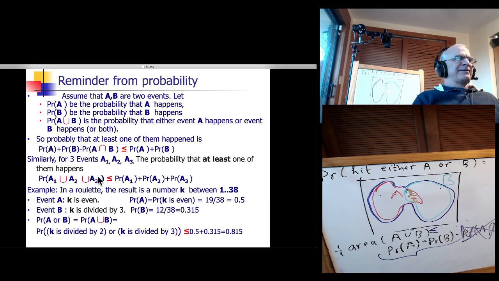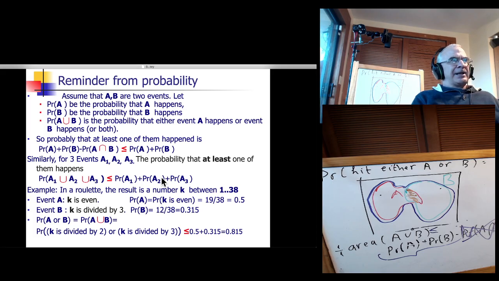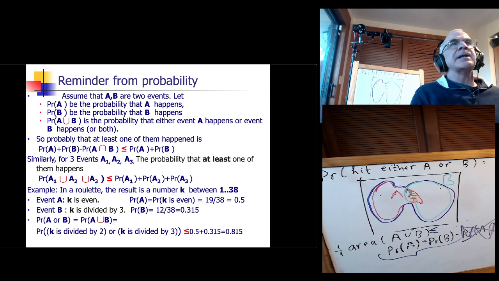If you have 3 events and you really want to compute it, then you need to compute the probability that each one happens, minus the probability of pairs that happen, plus the probability of triples that happen, and so on and so forth. Things can be really, really ugly, and as we'll see, completely unnecessary for our little exercise with the SkipList.